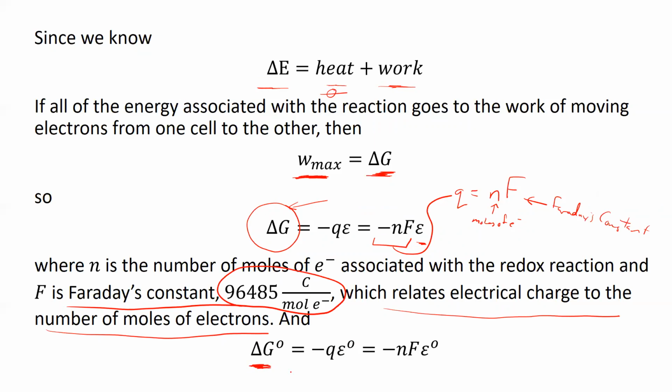So the free energy of a reaction occurring at standard conditions is related to negative Q still. The charge doesn't matter whether it's standard conditions or not, but now it's going to be measured based on the E naught of the cell. And so you can say it's negative n times Faraday's constant times the standard cell potential.